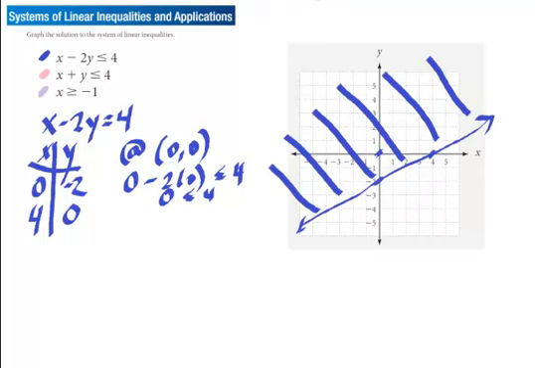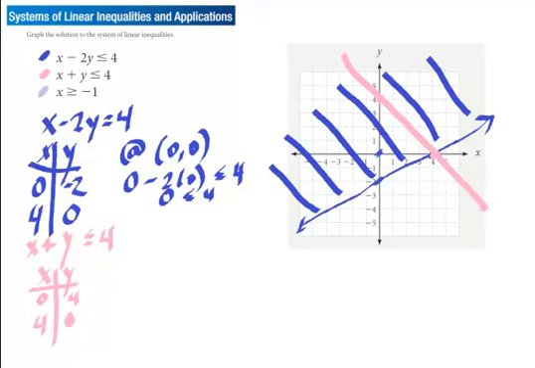So let's look next at x plus y less than or equal to 4. Make a little chart, do a couple of points. If x is 0, y is 4. If y is 0, x is 4. I like this one. So I've got this point, and I have this point. So I will draw a solid line, because we have the equal to in there.